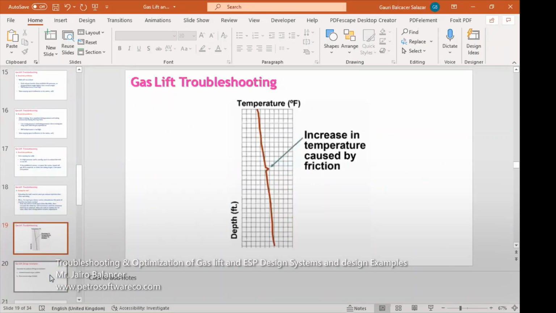One way to troubleshoot is to run a temperature log, and in that way we can check if there is a problem with the hole, friction, or whatever.